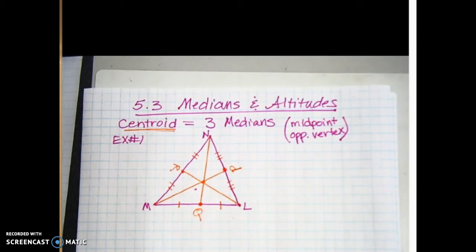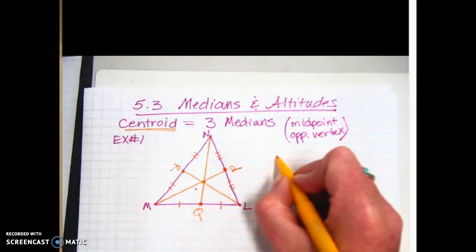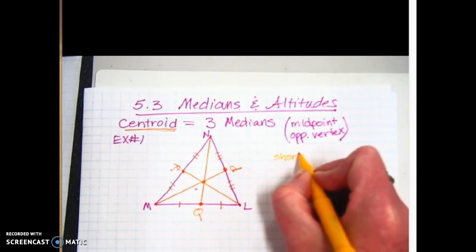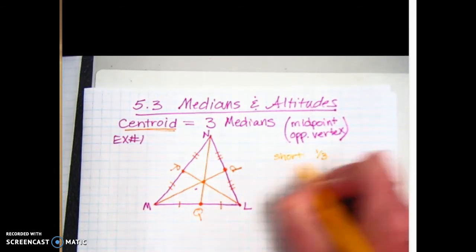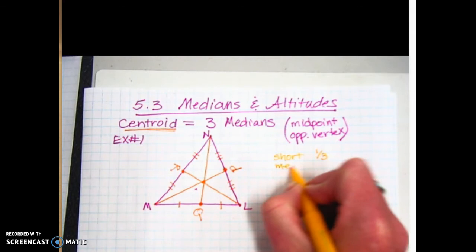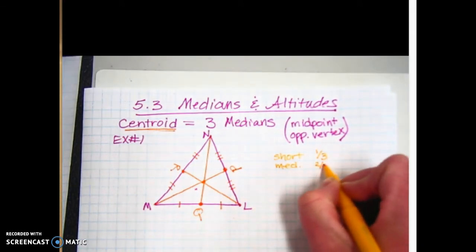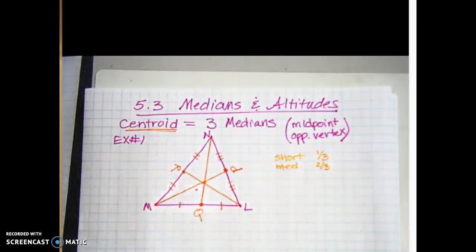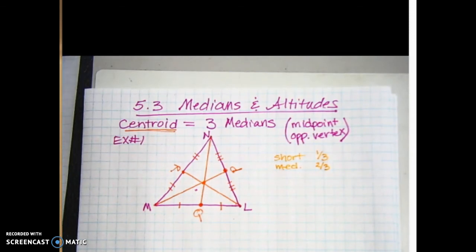What does it say? 1/3, 2/3. So you're going to have a shorter piece that's 1/3, and a longer piece that's 2/3. If you add those two together, you should get the whole thing. I'm going to give you some measurements, and then we're going to find the other pieces.